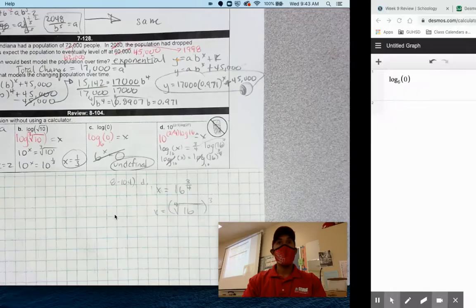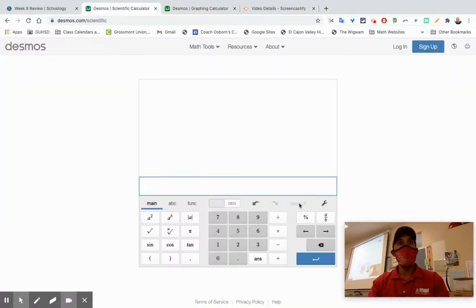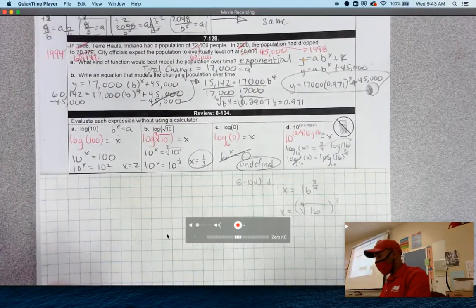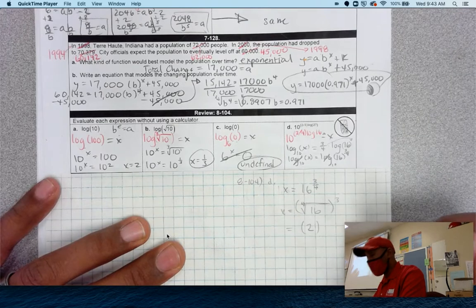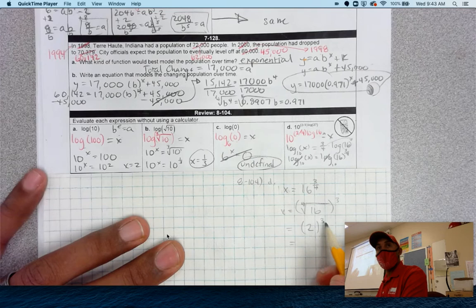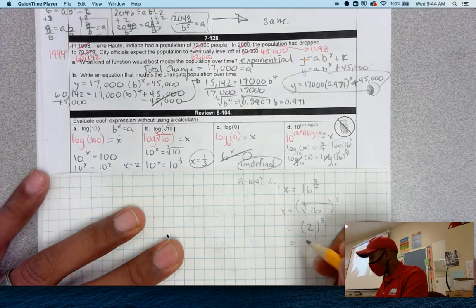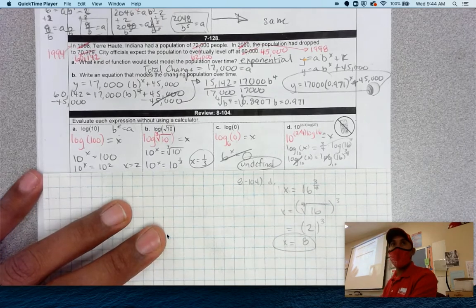You can use a scientific calculator, or if you already know the answer, that's fine too. The fourth root of 16 is 2, because 2 times 2 times 2 times 2 is 16. So inside here I'll have a 2, still raised to the third power. So I'm multiplying 2 three times, 2 times 2 times 2 is 8. So x equals 8.